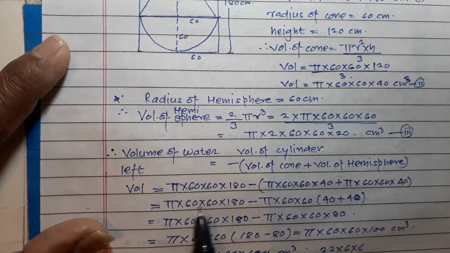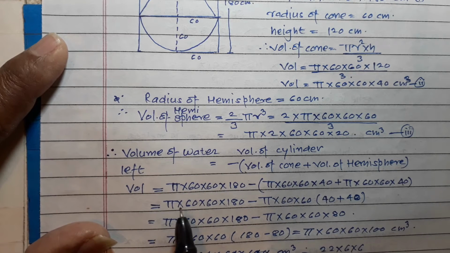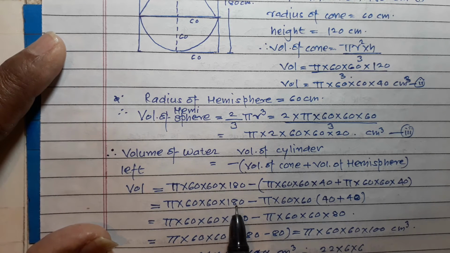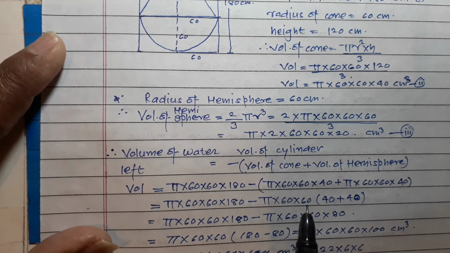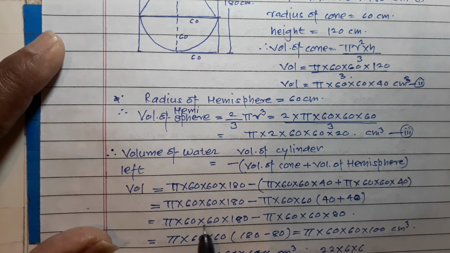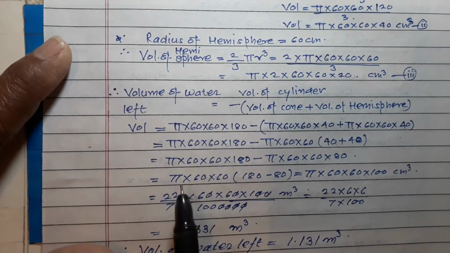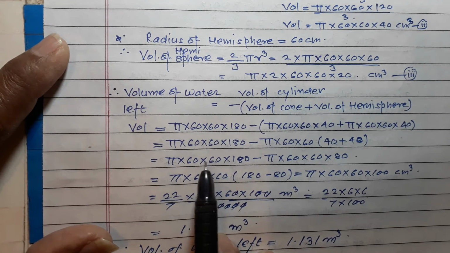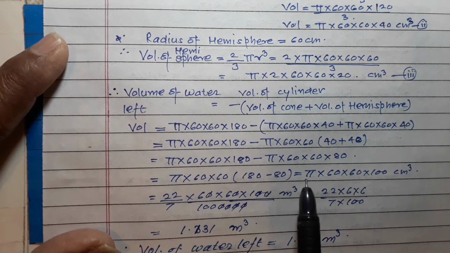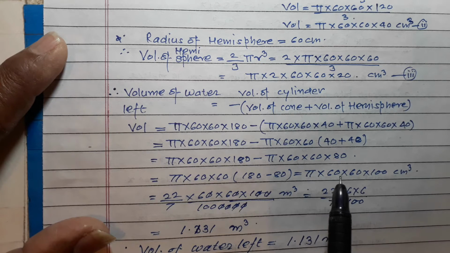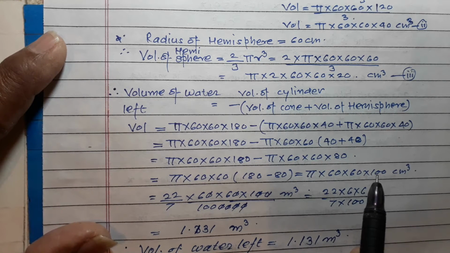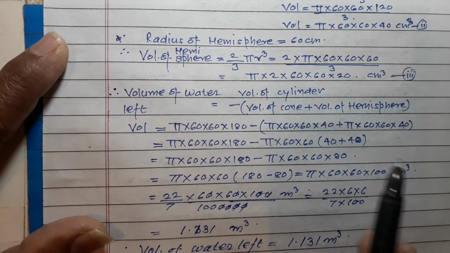So is equal to pi into 60 into 60 into 180 minus pi into 60 into 60 into bracket 40 plus 40, is equal to pi into 60 into 60 into 180 minus pi into 60 into 60 into 80. Taking pi into 60 into 60 common, 180 minus 80, is equal to pi into 60 into 60 into 100 cm cube.